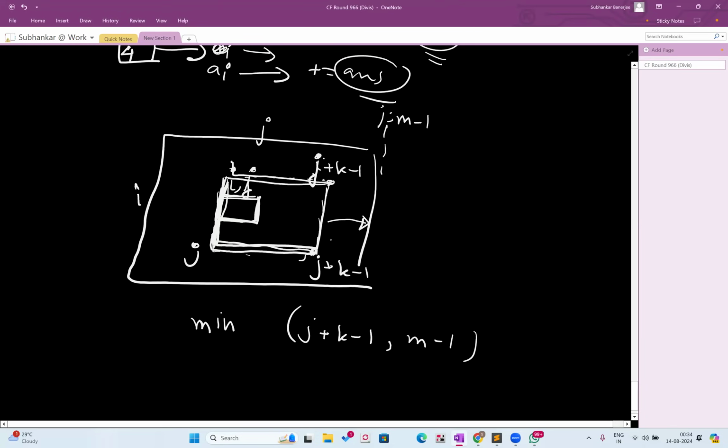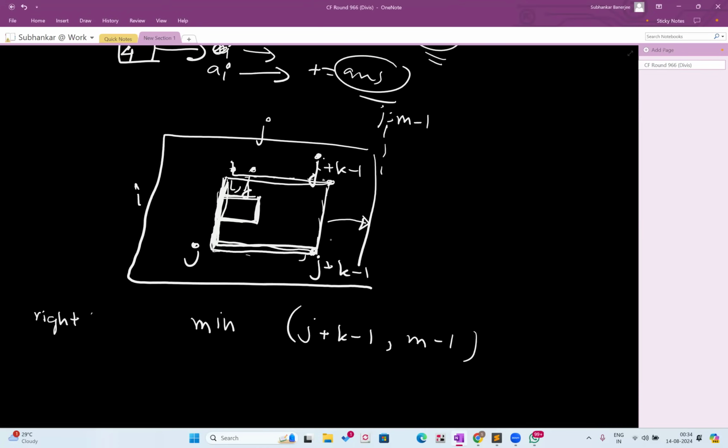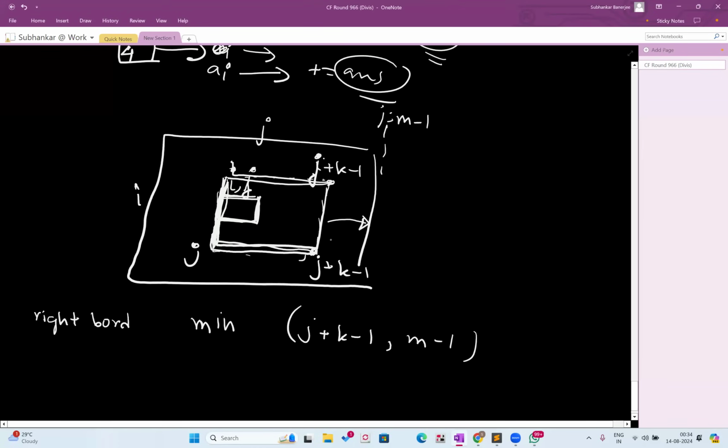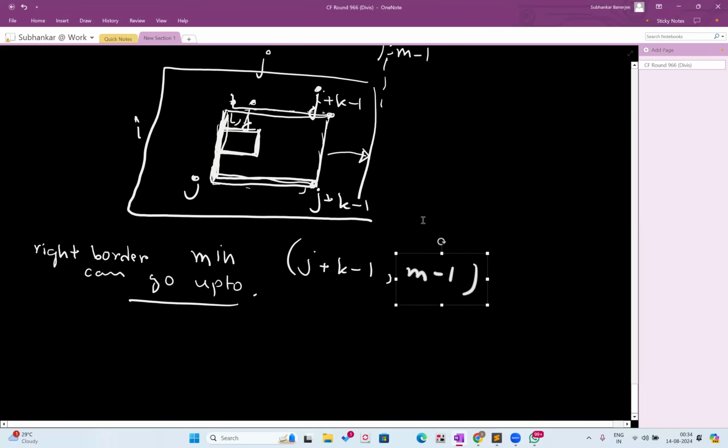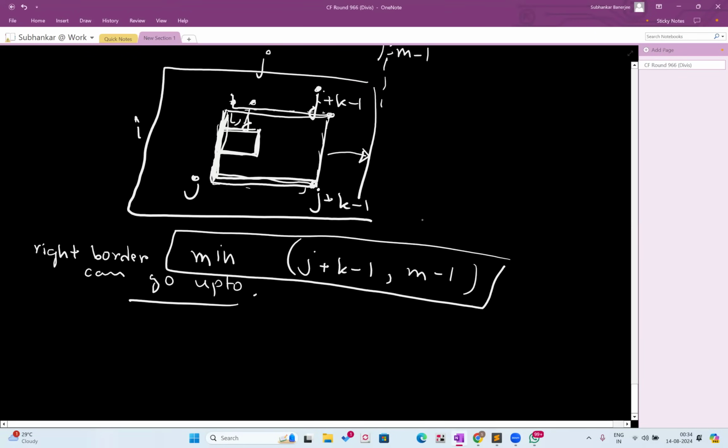Whatever my right border can go up to, it can go to j plus k minus 1, but we have to take the minimum with m minus 1.